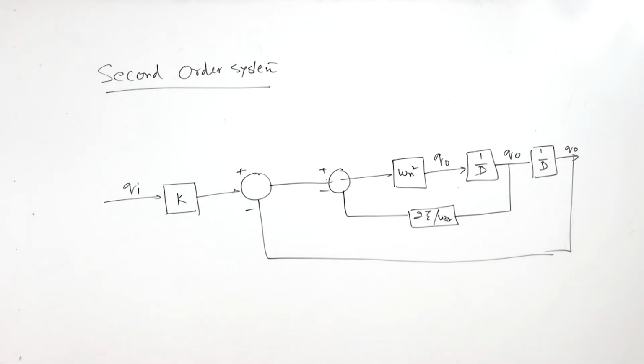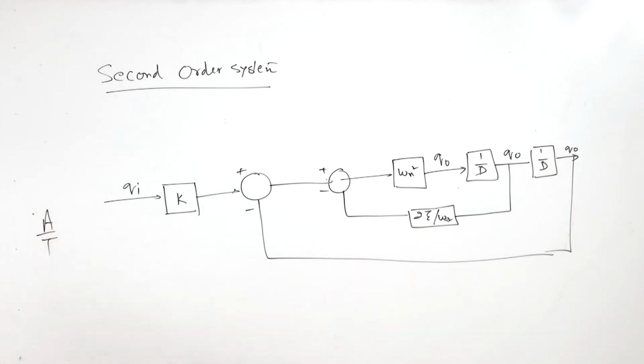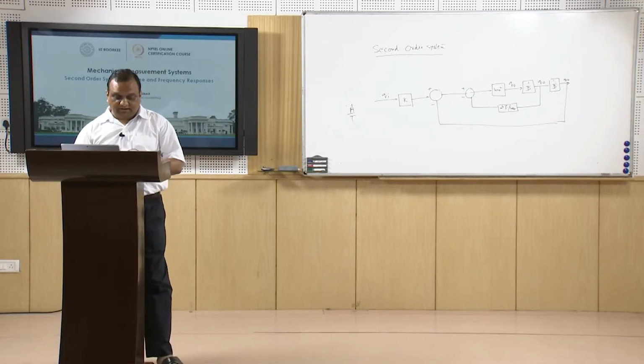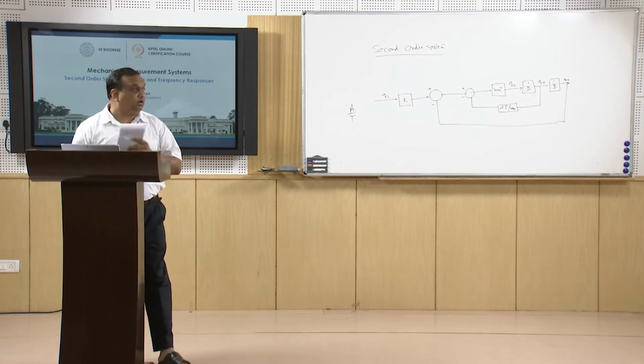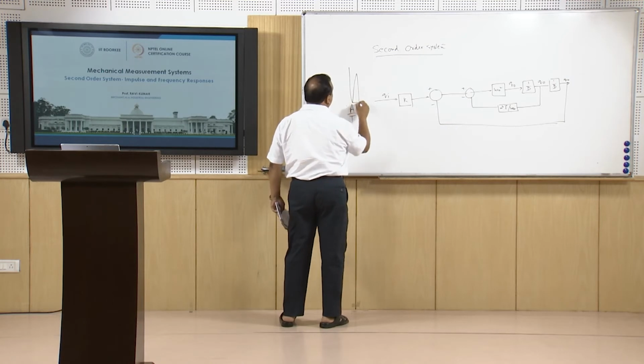Now the input is, as in the case of impulse input, always defined by A by T, or there is a pulse.